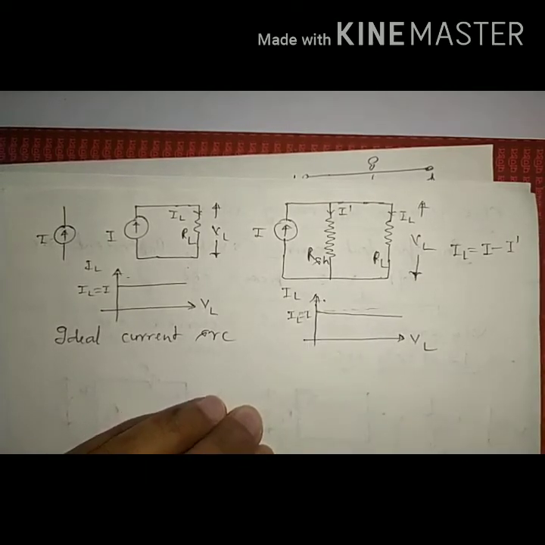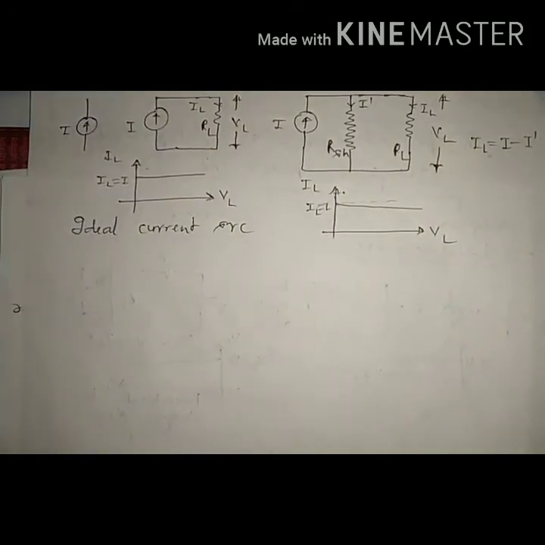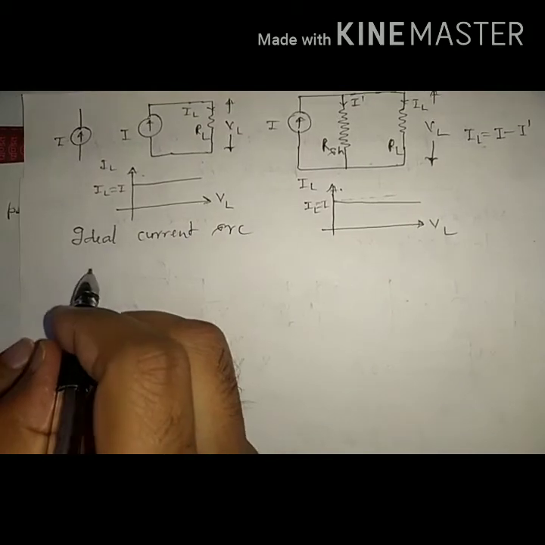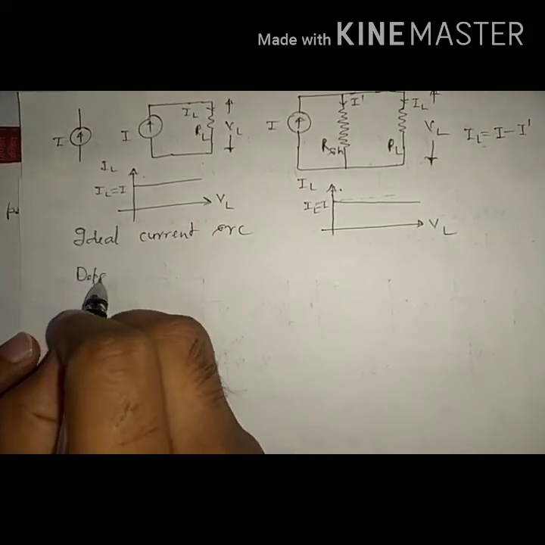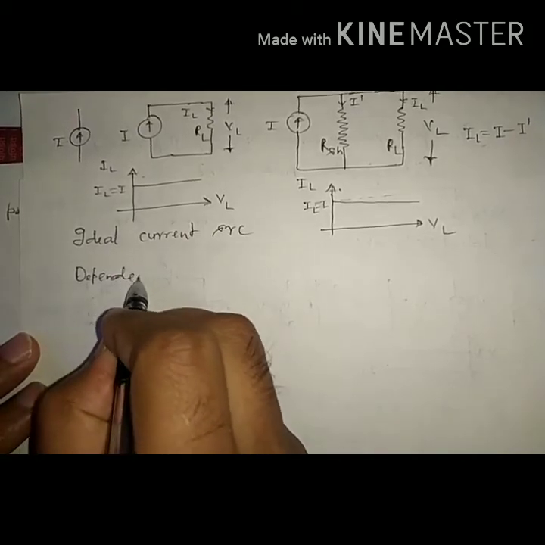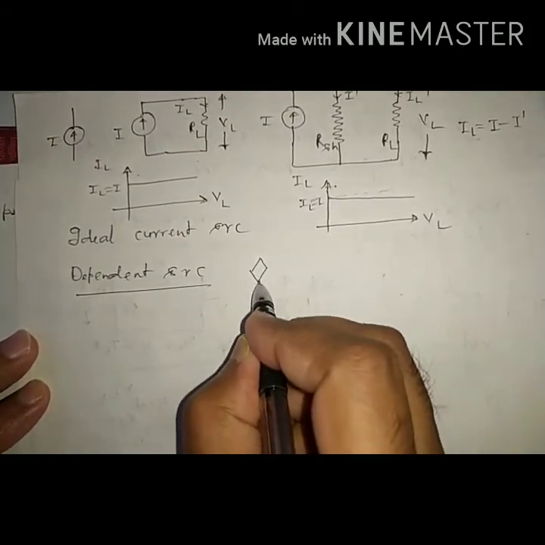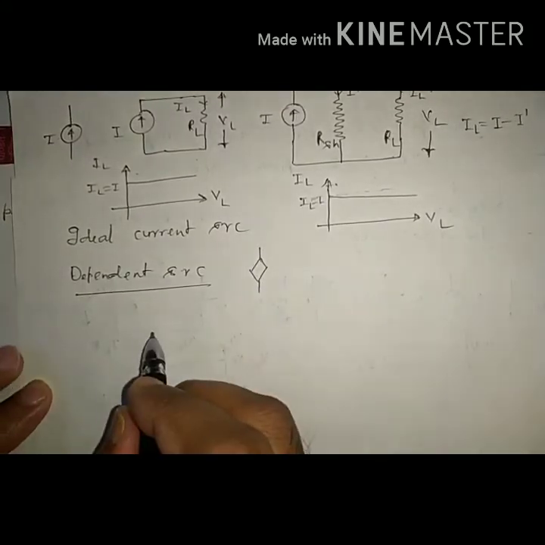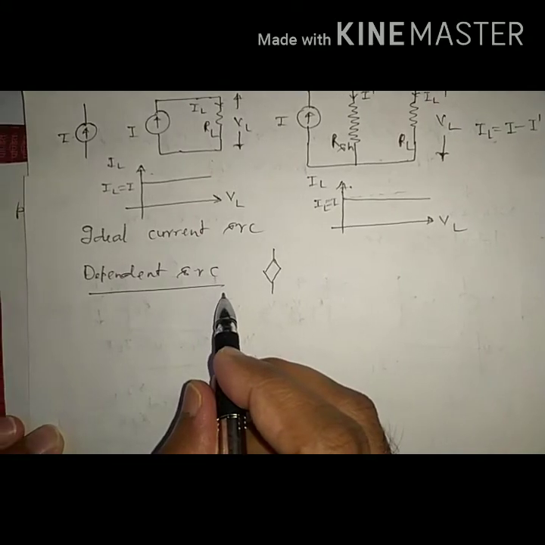So this is what independent sources are. Coming to dependent sources, they are represented by a diamond shape. So what is a dependent source?